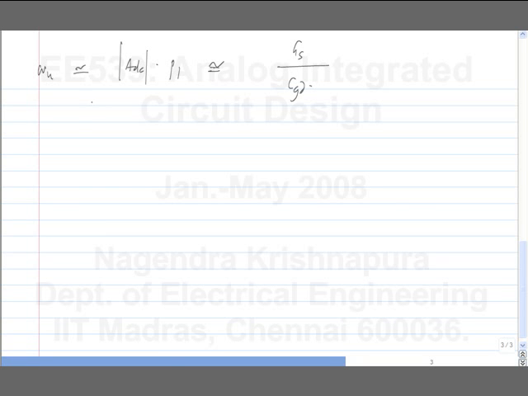So this is true under many assumptions. That is, CGD, CGS, CDB are of the same order of magnitude, and also that GM by GS and GM by the effective load are much more than 1.